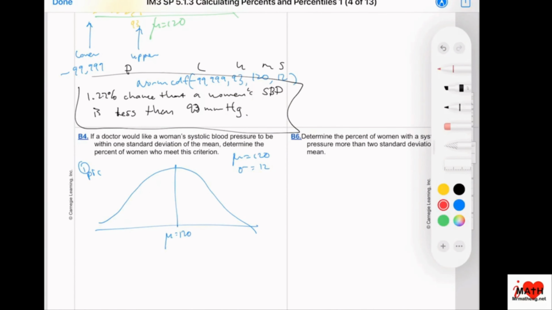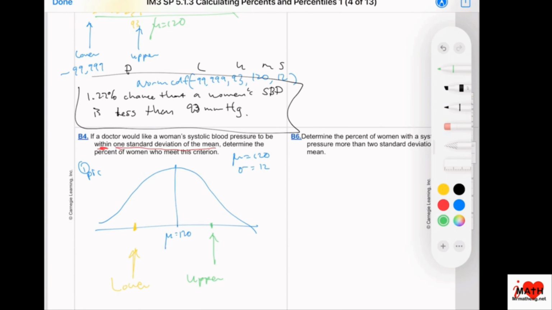Okay, within means there's an upper and a lower. 1 standard deviation. So I'm just going to put one here. Yellow is my lower, green is my upper, and determine the percent of women who meet this criteria.